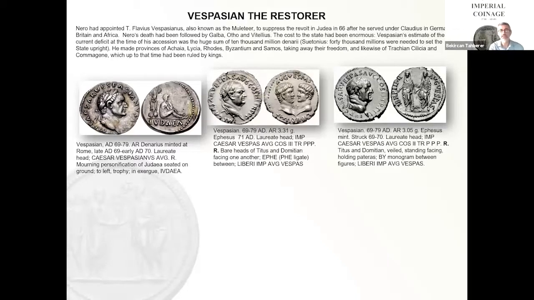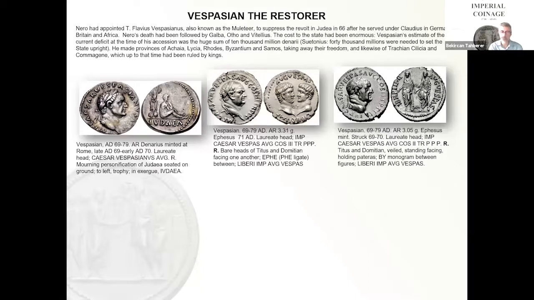And at the same time, he saw the importance of creating a dynasty, which Augustus had established unsuccessfully. So from the beginning, he simply suggested that his two sons, Titus and Domitian, were to follow him.